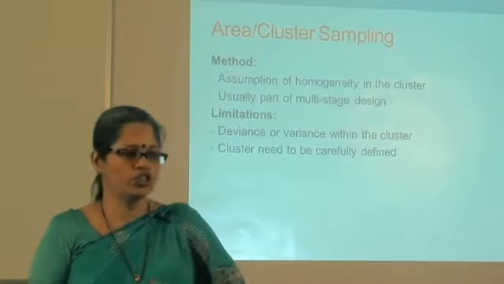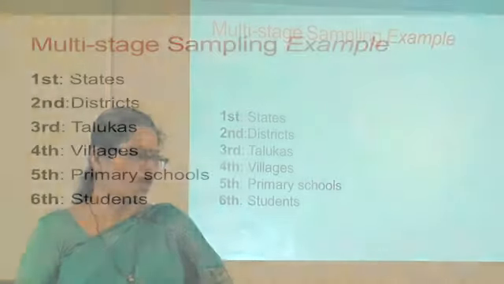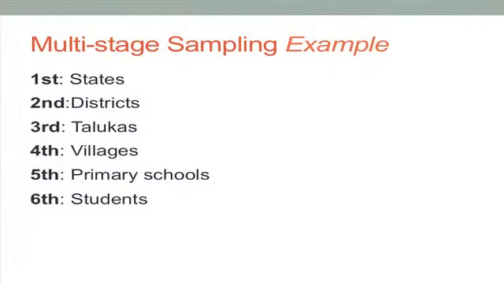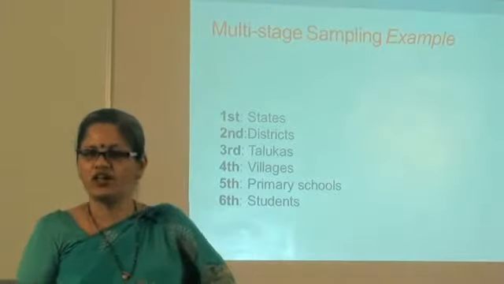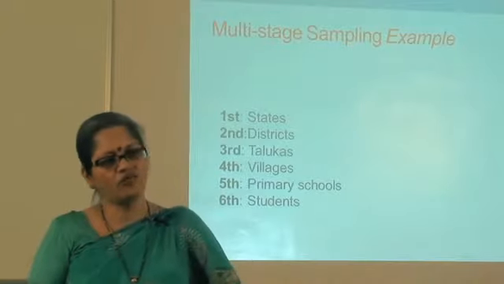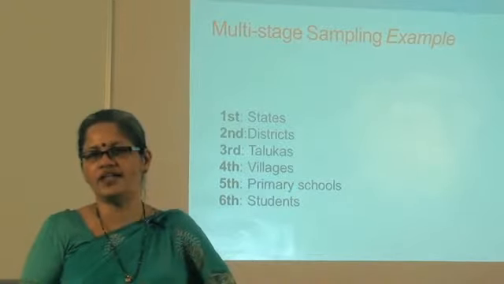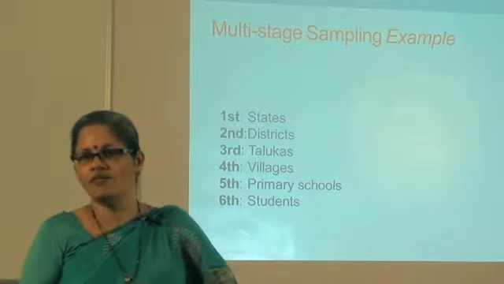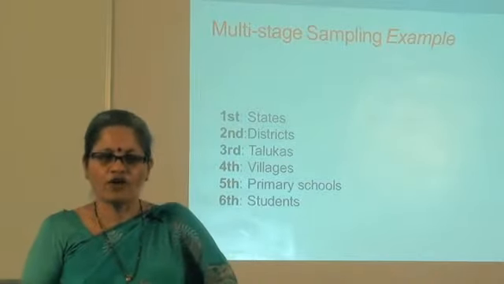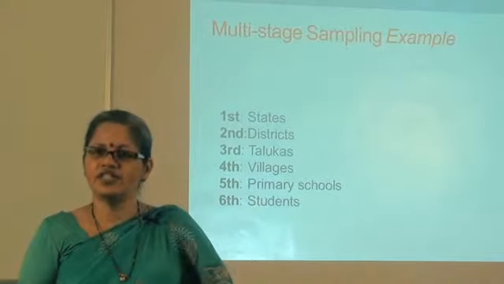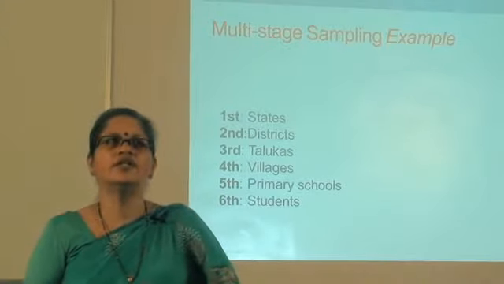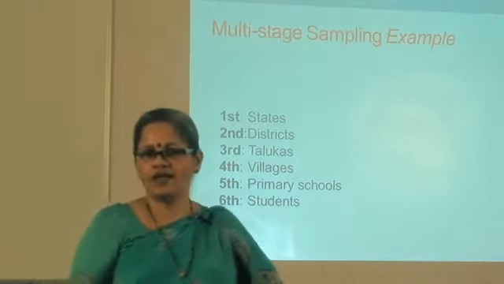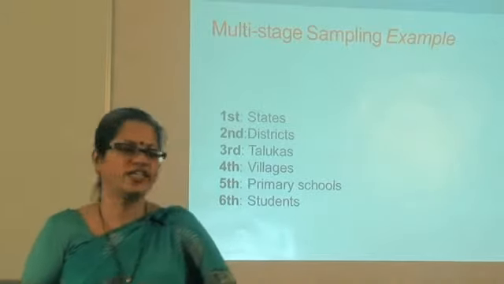Now the next is multi-stage sampling. When we talk about mixed method, we said that we will have both types of methods, that is, a mixture of probability sampling and non-probability sampling. When we go for multi-stage sampling, for example, if I have to study something related to the attitude of people towards the right to education in India.